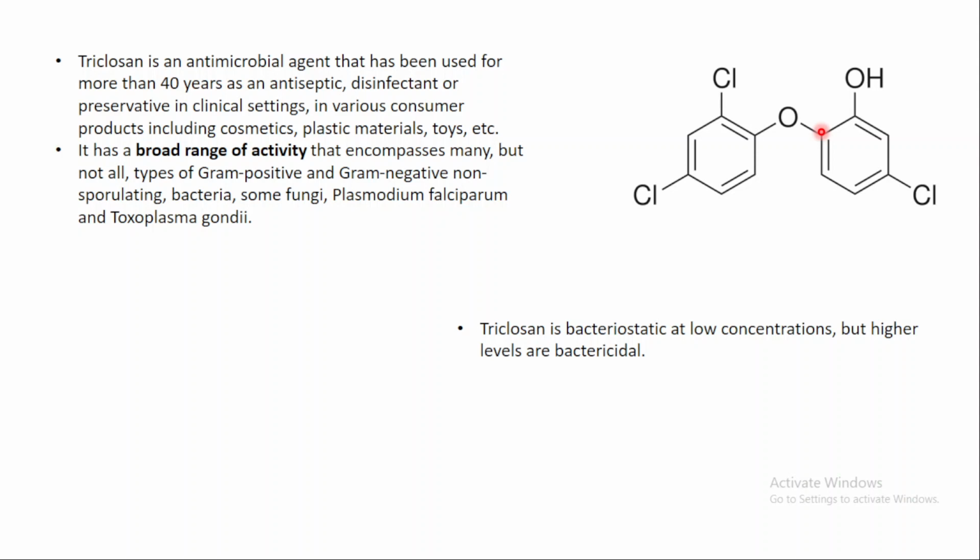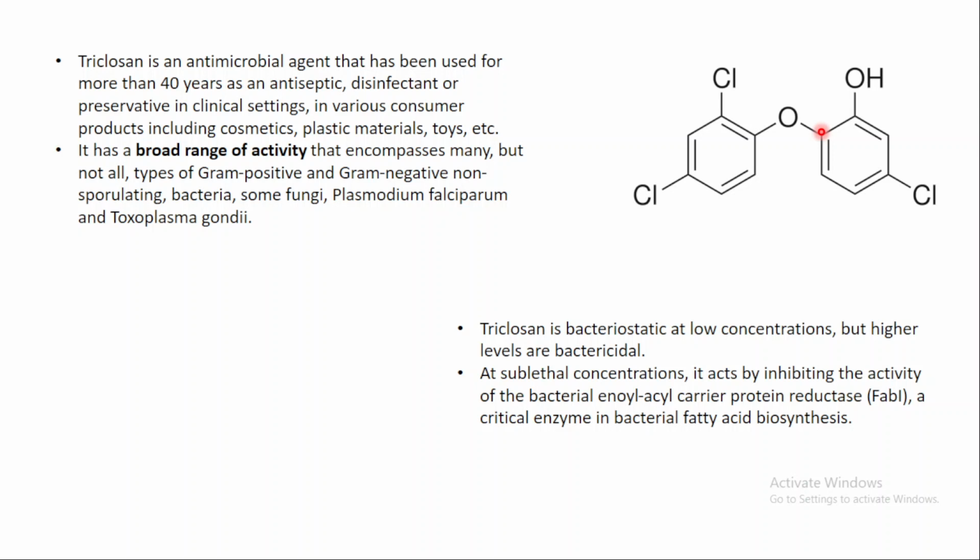But at higher concentrations, triclosan is bactericidal. Cidal means killing, like suicidal, self-killing. So triclosan can act as bactericidal in higher concentration. It can kill the bacteria, and in lower concentrations, it can stop the growth of bacteria. So upon our convenience, we can use triclosan both as a bacteriostatic material and a bactericidal material.